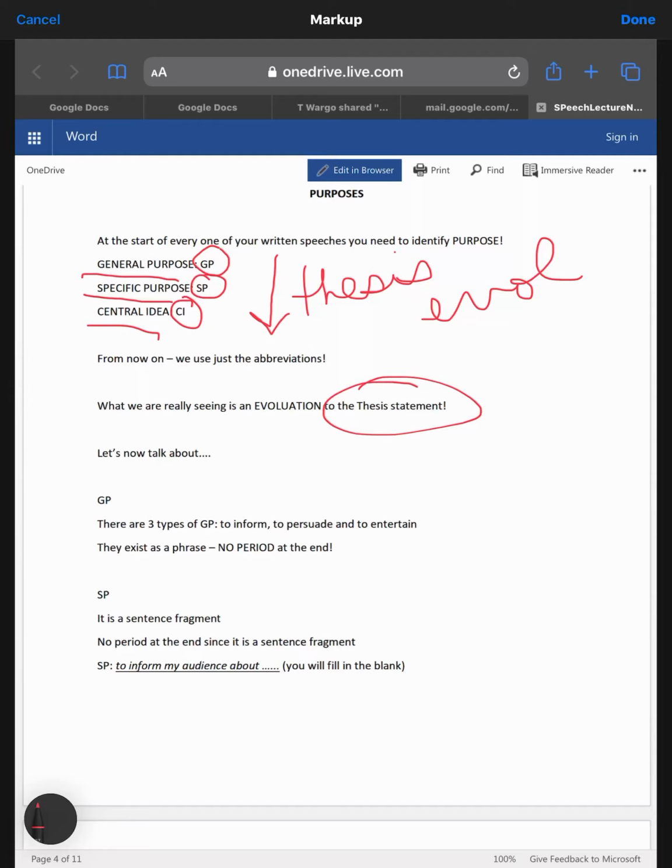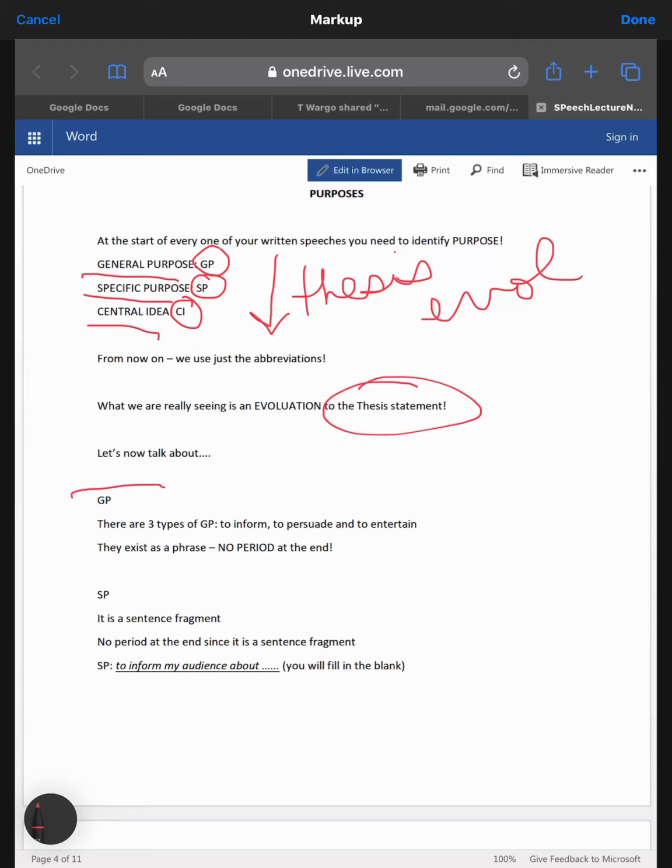So I'll refer to it in its old term as the CI. But now let's talk about the GP, SP, and CI. So they need to go at the top of your formal paper that you submit to me. And we're going to take each of them one by one, talk about them, and then see how they operate and work. So here we go.